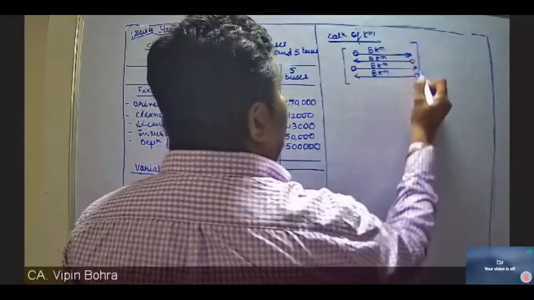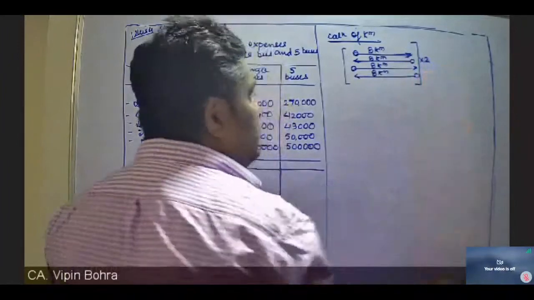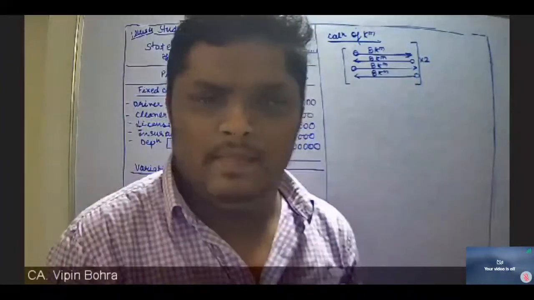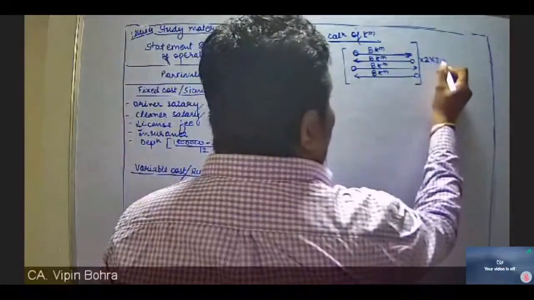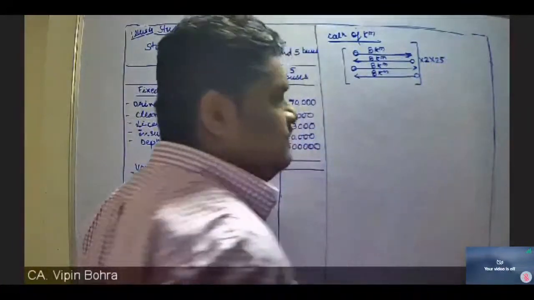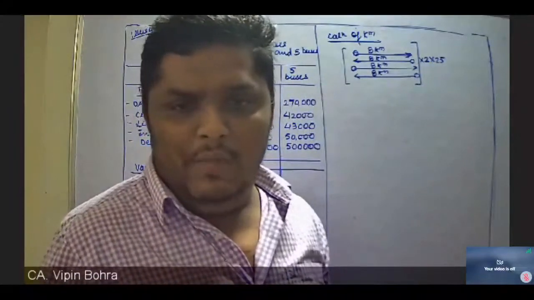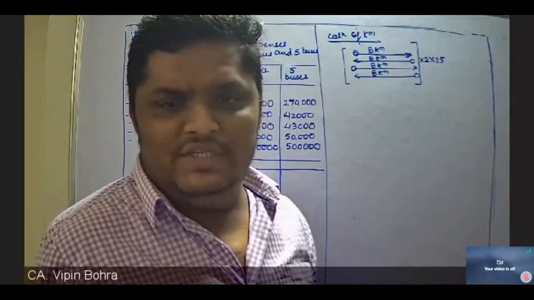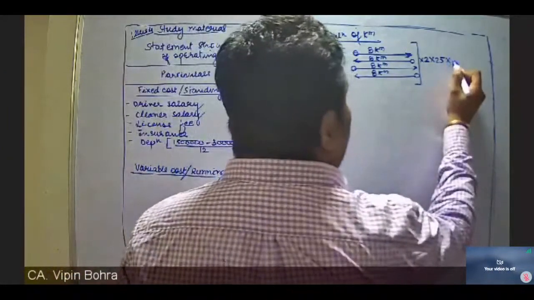They repeat this process in the afternoon, so multiplied by 2. The bus runs for 25 days in a month. So into 25. How many months in a year is the bus in operation? Except May, June and December, so total 9 months in a year.